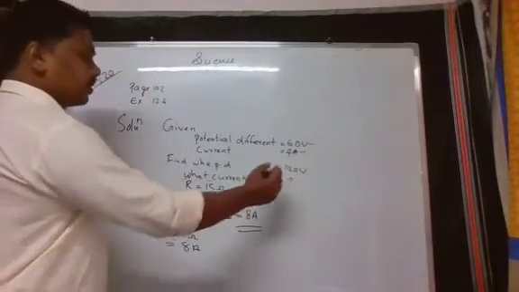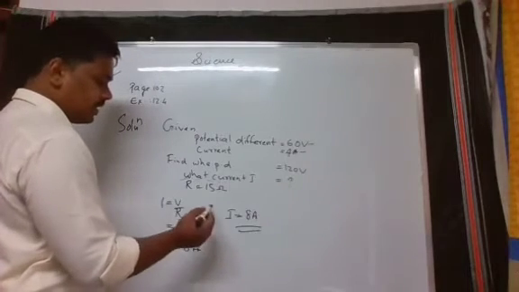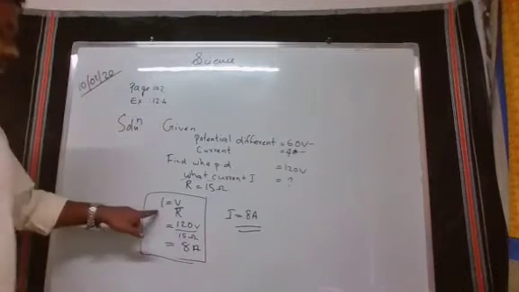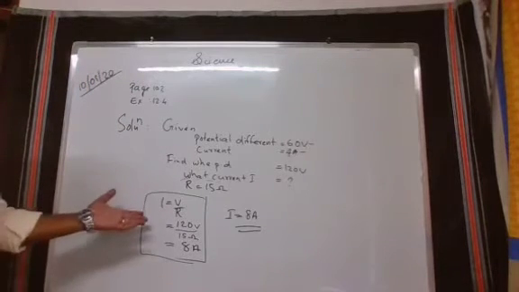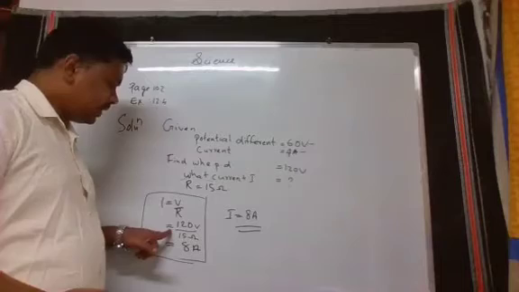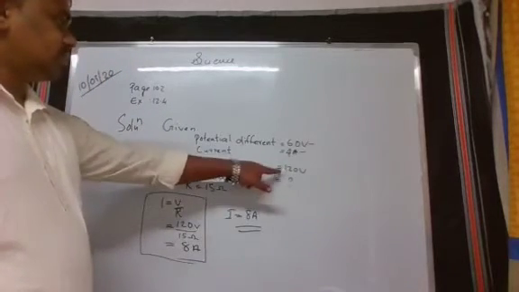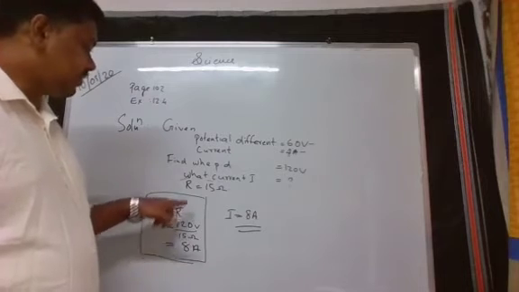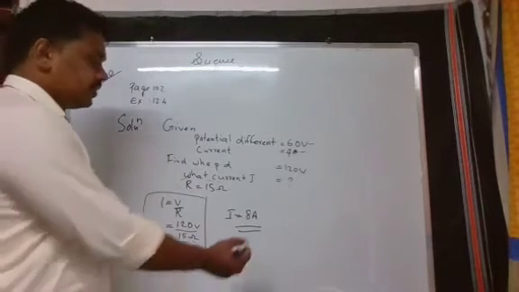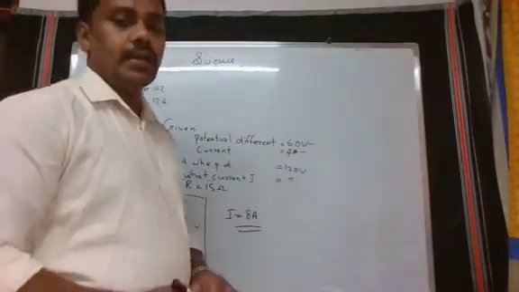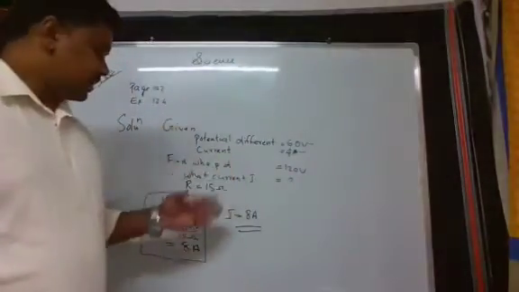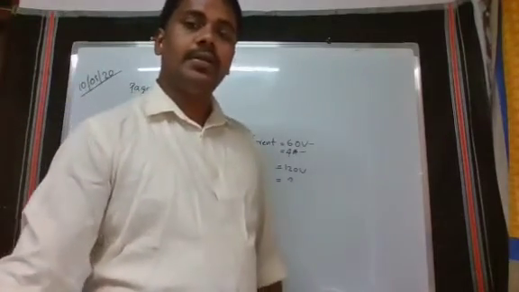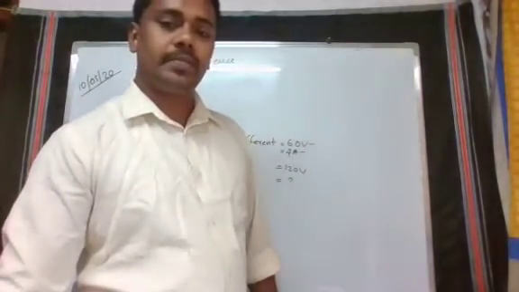So we applied this equation for current, I is equal to V by R. We substituted the given values, V by R, for R we put this value, and we got the answer 8 A. That is the current flowing through the conductor, and the conductor here is the heater.